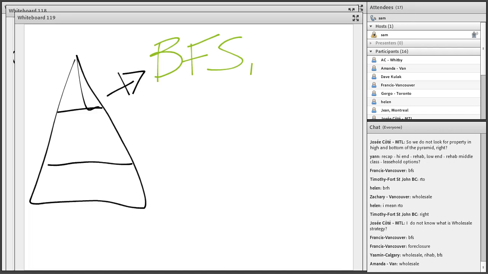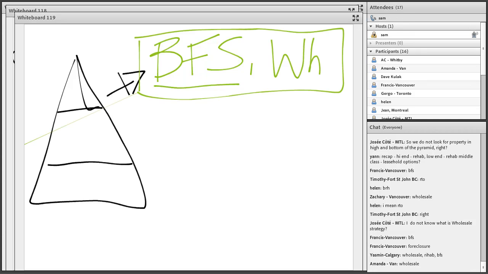Excellent. Up here, we're going to use buy, fix, sell. And what else? Okay, so foreclosure, I'm open to that, as long as the foreclosure is a discount and we can come back to a buy, fix, and sell, or a wholesale.